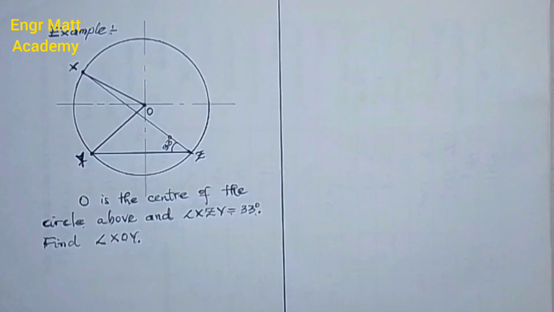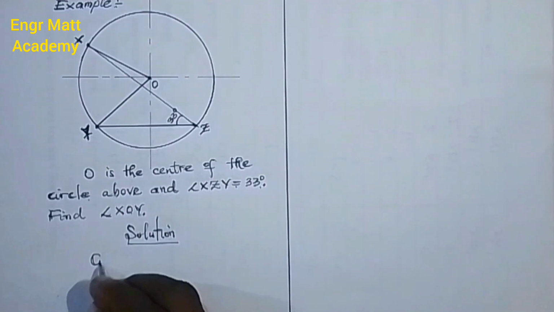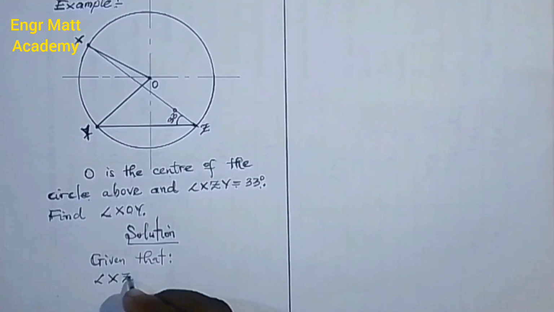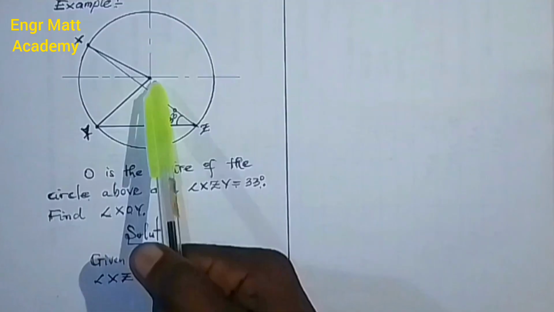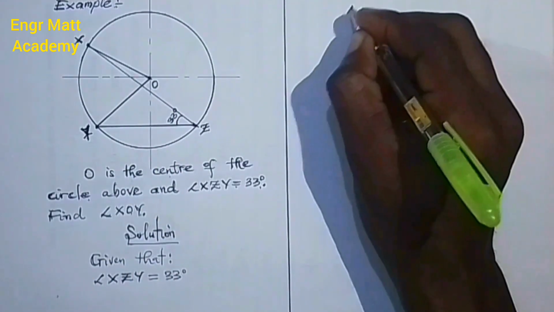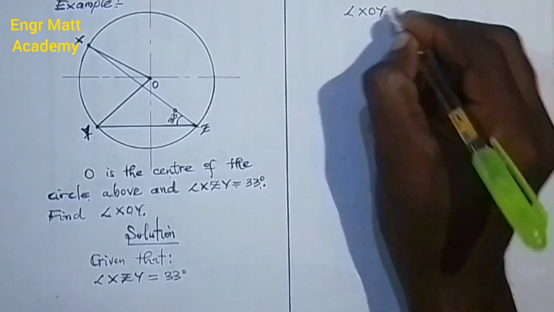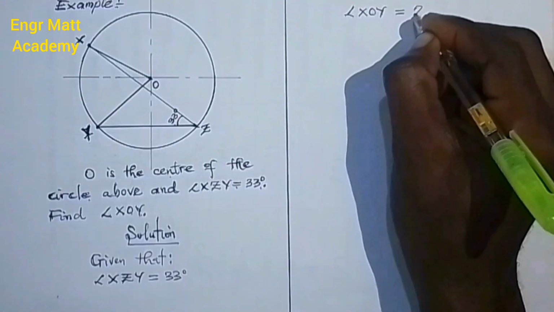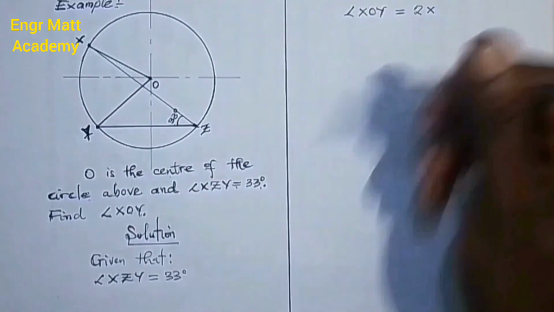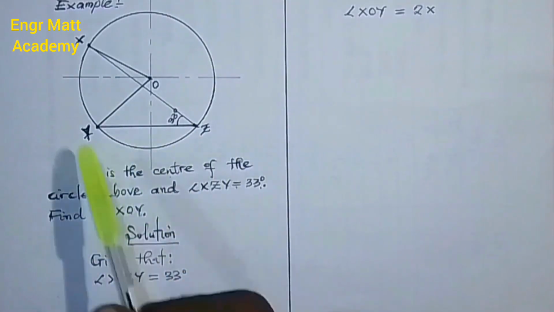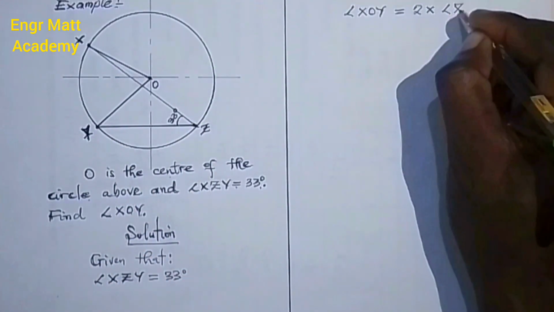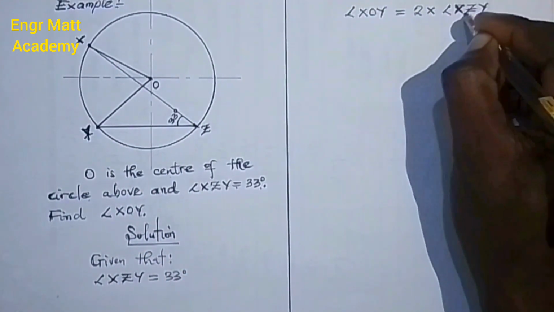Let's see the solution. Given that angle XZY is 33 degrees, according to Circle Theorem 1, the angle at the center, angle XOY, is equal to 2 times the angle at the circumference, angle XZY.